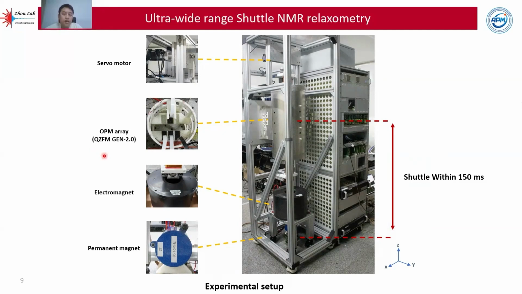And this is the OPM array for detection, and there is a pair of Helmholtz coils with two sets of saddle coils on the support structure to provide the pulses. This is an electromagnet to provide the low field, and this is a permanent magnet to provide the high field. It can provide up to 2 Tesla.